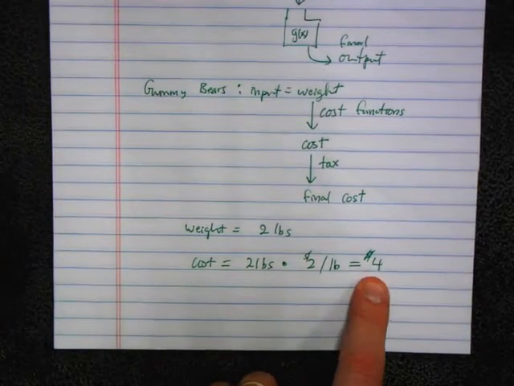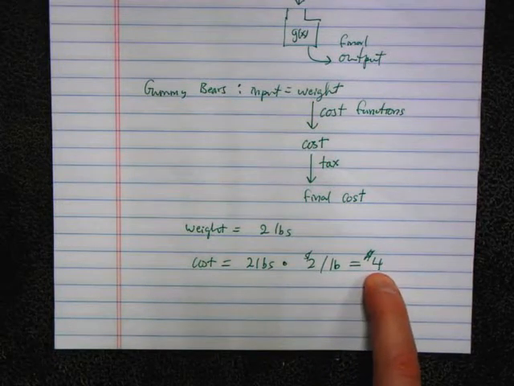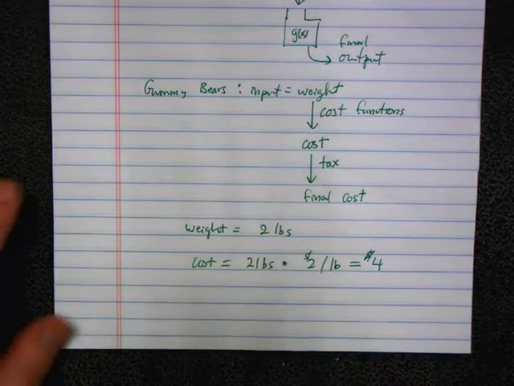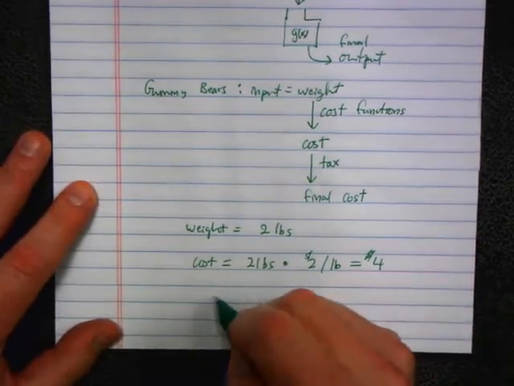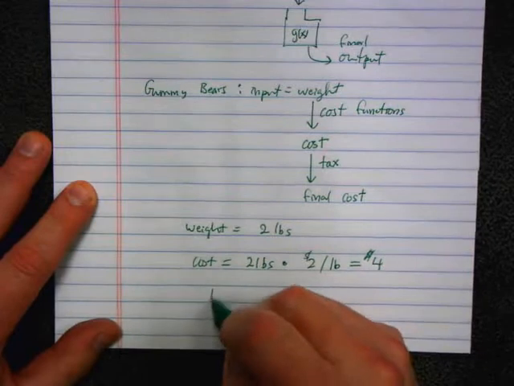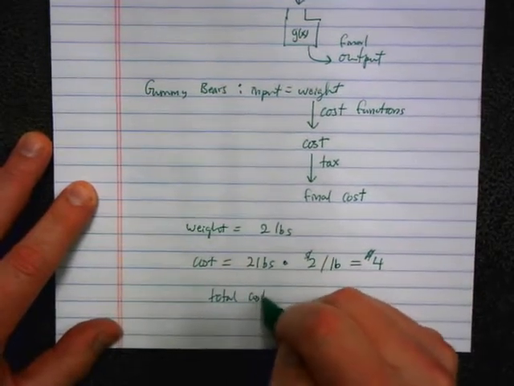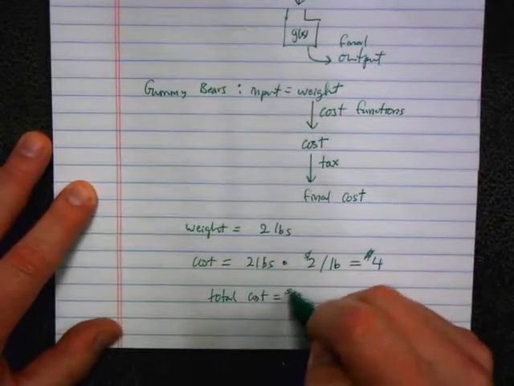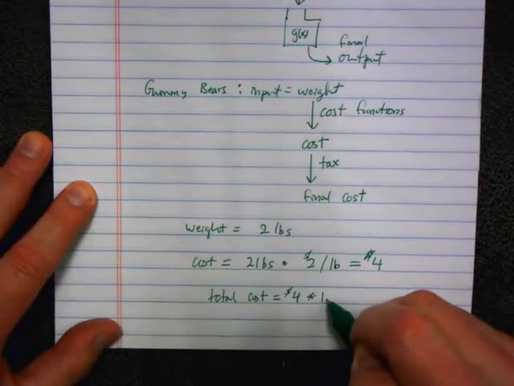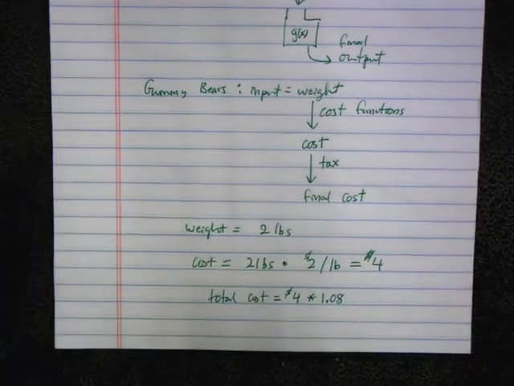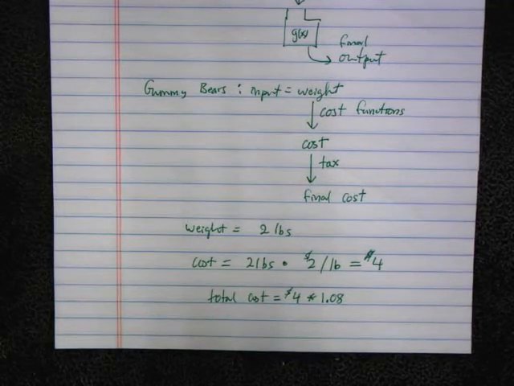And then they take this answer, $4, and they add the tax. What's the tax? How much tax do you pay, do you know? You pay 8% tax, I believe. So they take this answer, this $4, and they multiply it by 1.08. Why 1.08? If the tax rate is 8%.